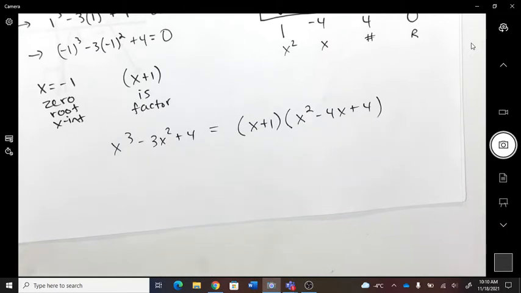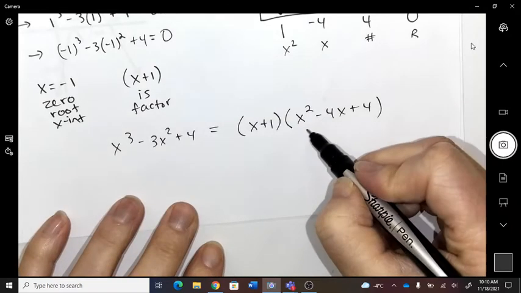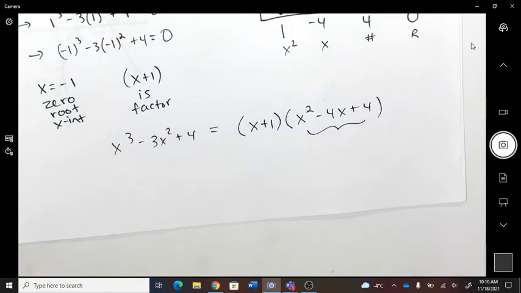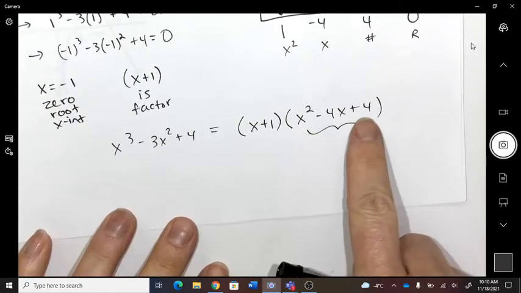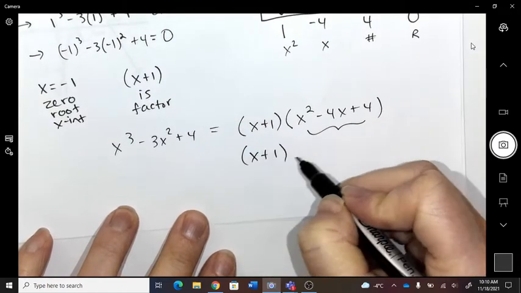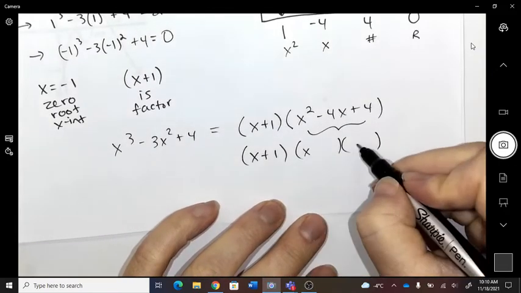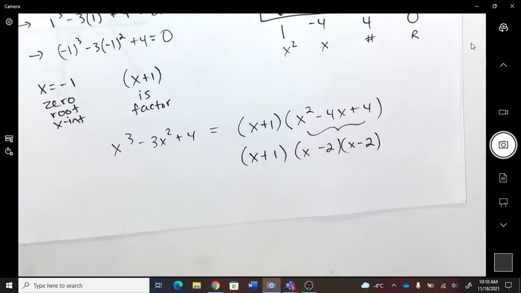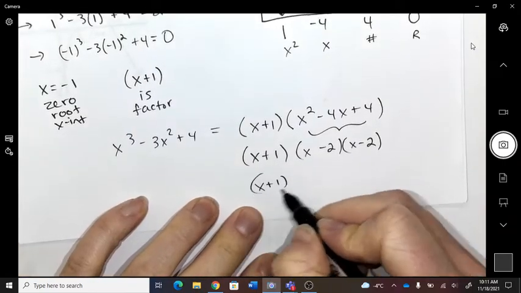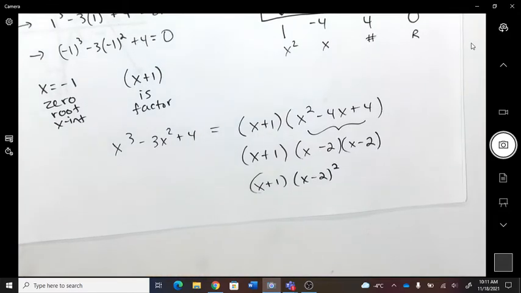Okay, but this question says I need to fully factor. Can you break that down? And actually just by hand. So this is a simple trinomial. So what multiplies to 4? Okay, you could have also done this, right?